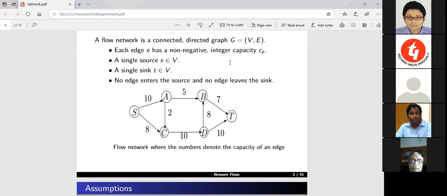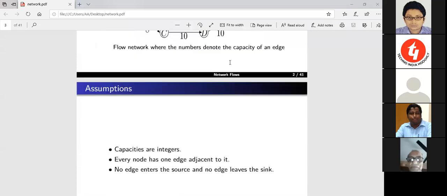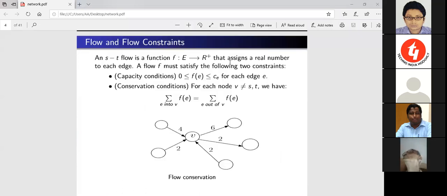And the other condition is, there are two conditions. One is the capacity condition, in which we say that the flow in every edge has to be positive, and less than or equal to whatever is the capacity. The second condition is, at each intermediate node other than the source and the sink, you have to take out exactly the amount which you are bringing in.